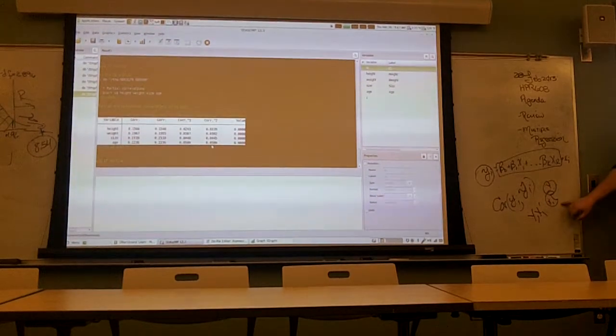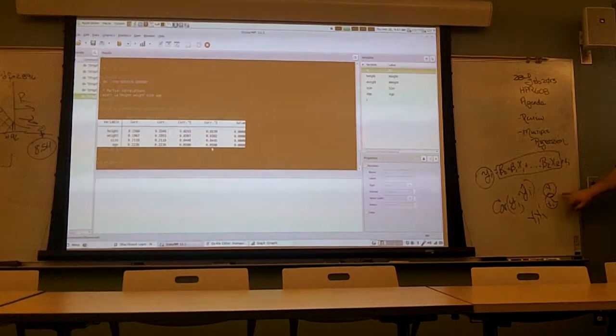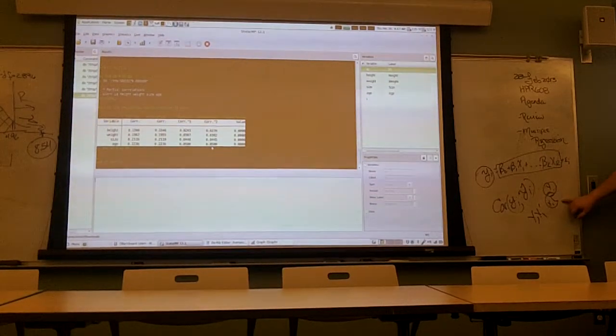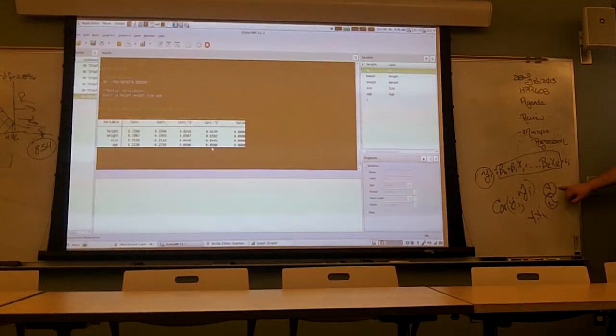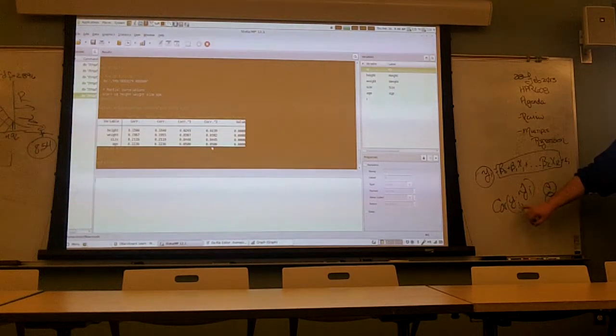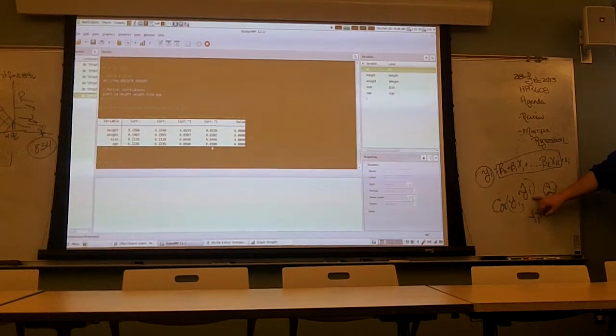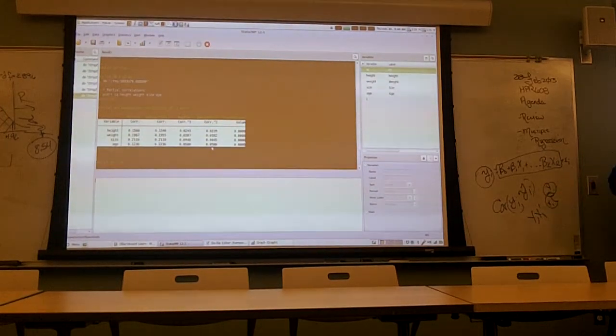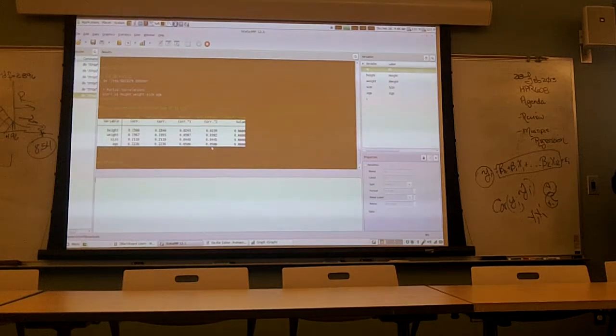So it's no longer x and y, it's x1 prime and y. That's what that semi-partial represents, whereas the R squared represents the association between y and y hat. Does that make sense? They're different things.